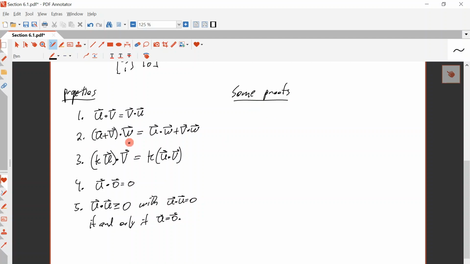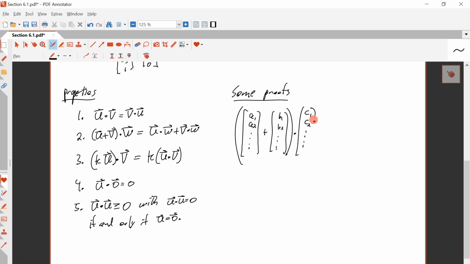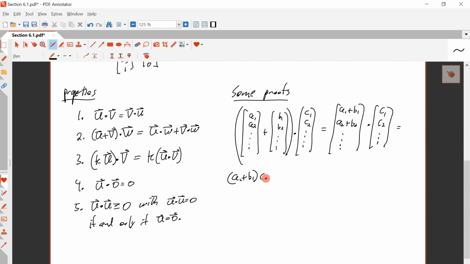So let's look at number 2, right? If you have this vector u plus this vector v dot product this vector w, that's equal to, well, it's the vector (a1 plus b1, a2 plus b2) dot (c1, c2), which is equal to the sum (a1 plus b1) times c1 plus (a2 plus b2) times c2, and so on and so forth.